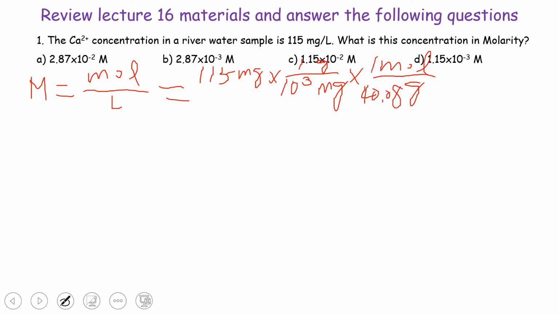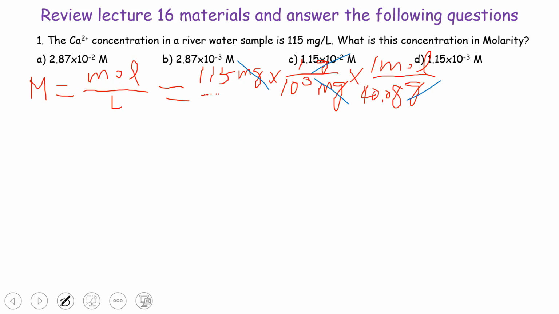So now let's take a look. We can cancel the milligrams and also cancel the grams. Now you see we have the number of moles on top. That's just like here. M equals mole, so on top we have moles.